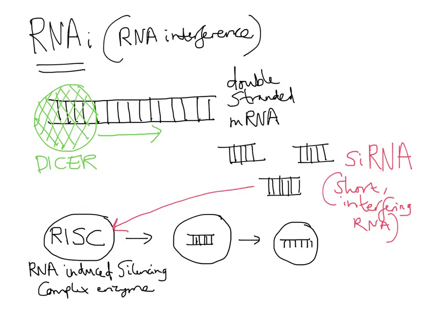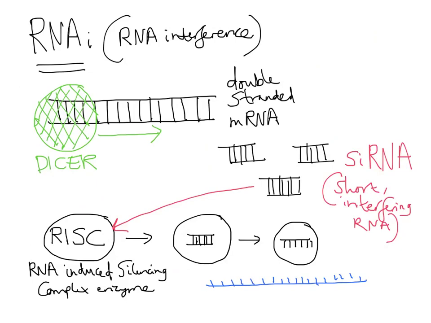Now, if we take our messenger RNA, here's our messenger RNA that we've already transcribed, because remember, this is post-transcription regulation. What we find is that that short interfering RNA guides the RISC enzyme to the messenger RNA by lining up complementary base pairs.